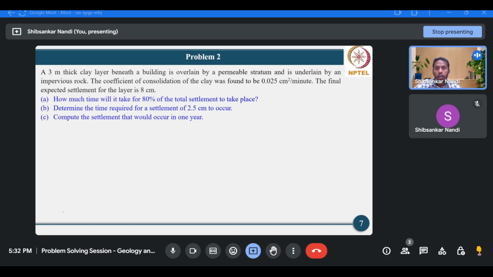However, in this problem, the coefficient of consolidation value is directly provided to us. So there is no requirement of such calculation. Rather, we can directly proceed to calculate the required time for a certain degree of consolidation.